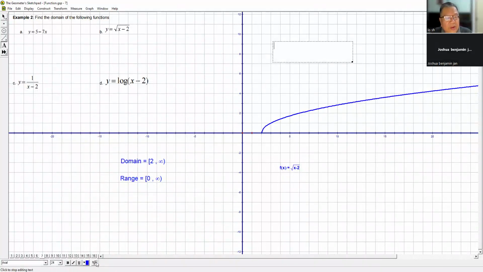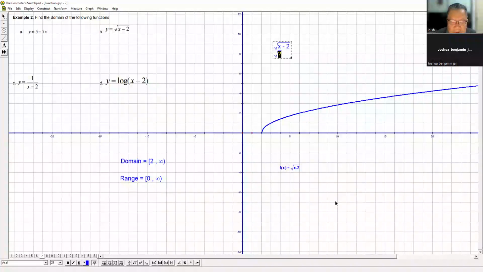Square root of x minus 2. Let's say if x is 0, then we get square root of 0 minus 2, which is negative 2.